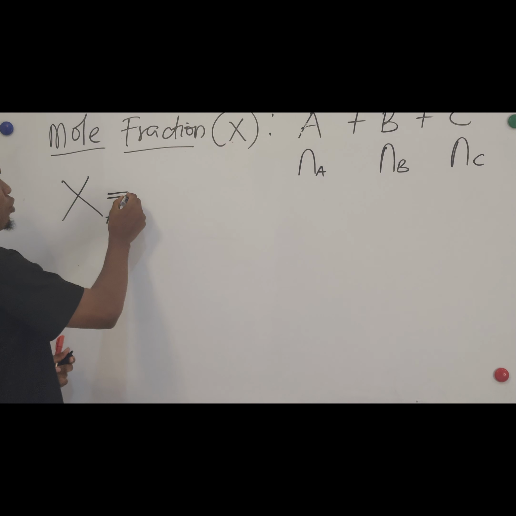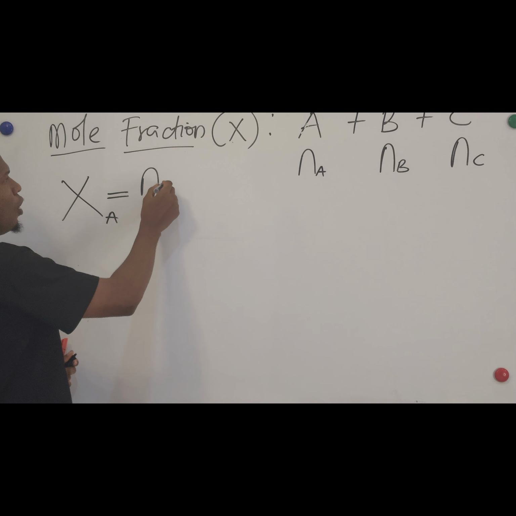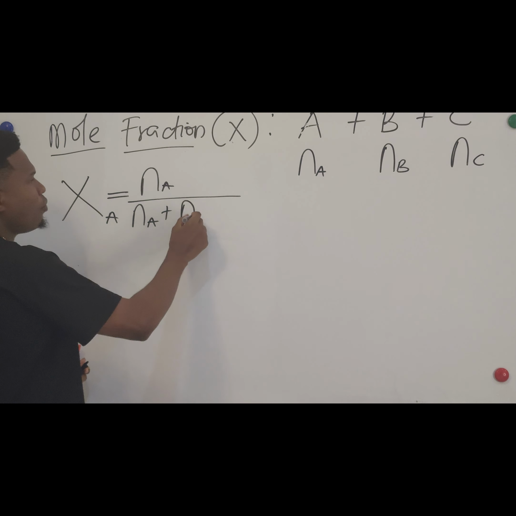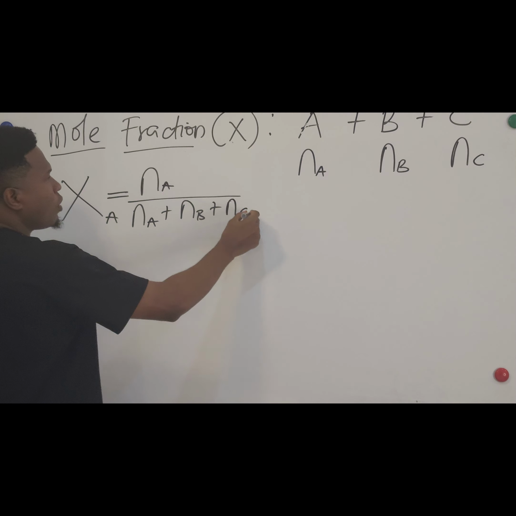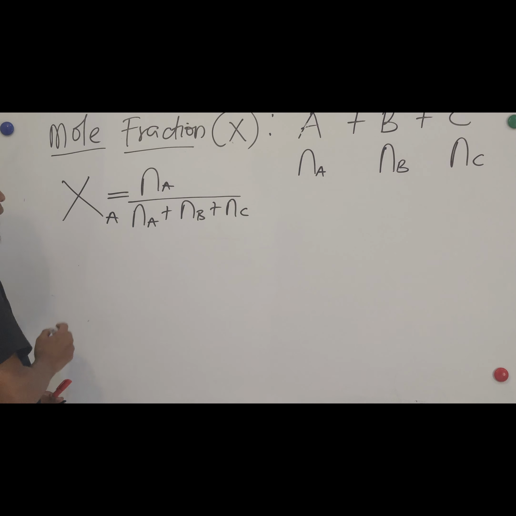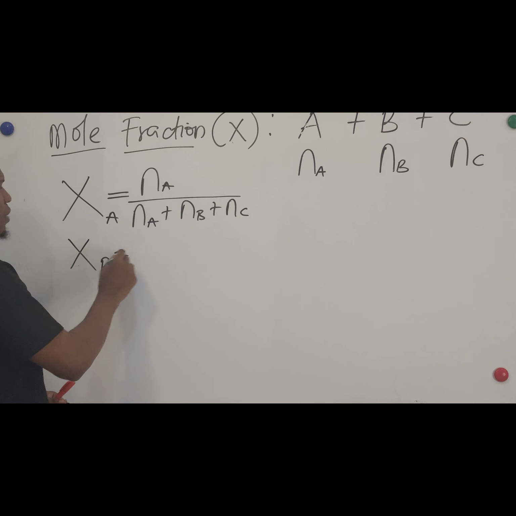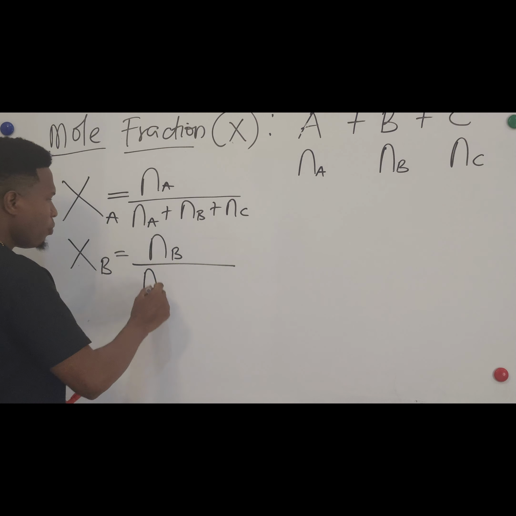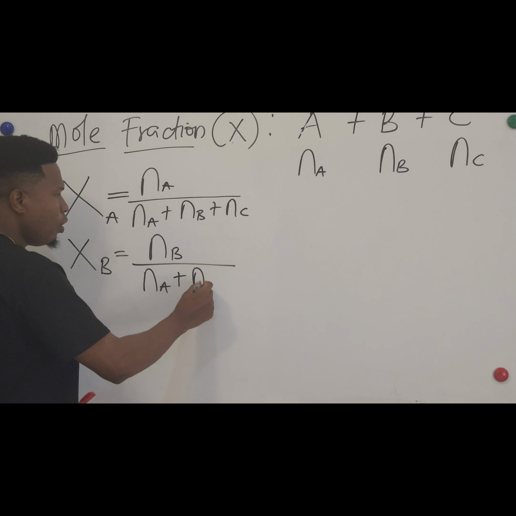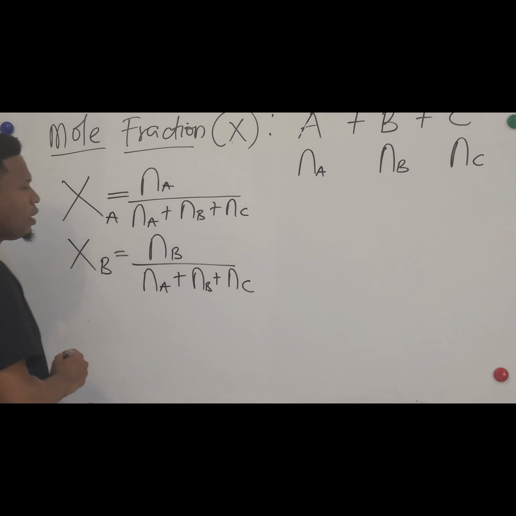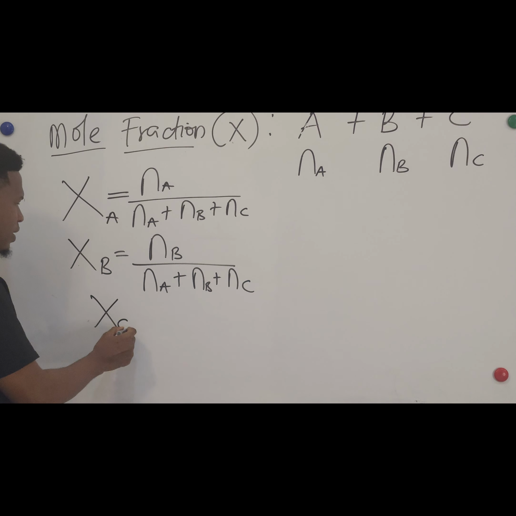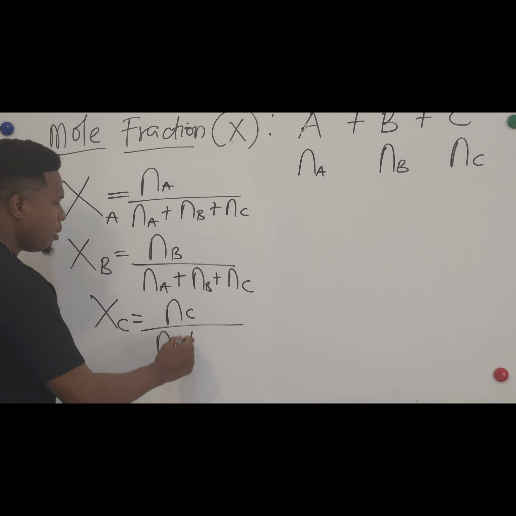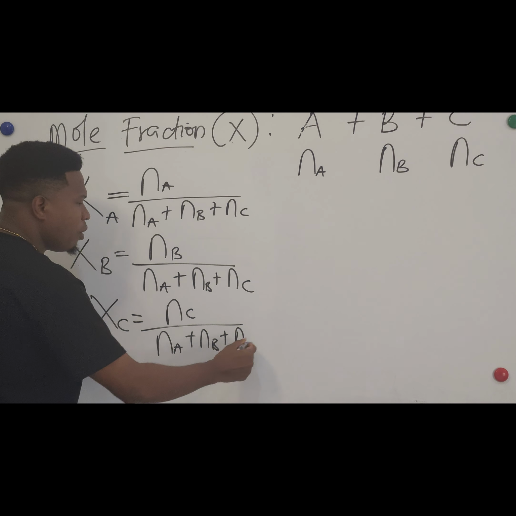The mole fraction of A will be the number of moles of A divided by the number of moles of A plus the number of moles of B plus the number of moles of C. The mole fraction of B is the number of moles of B all over the number of moles of A plus B plus C. If I want to get the mole fraction of C, it's the same thing: the number of moles of C over the number of moles of A plus B plus C.